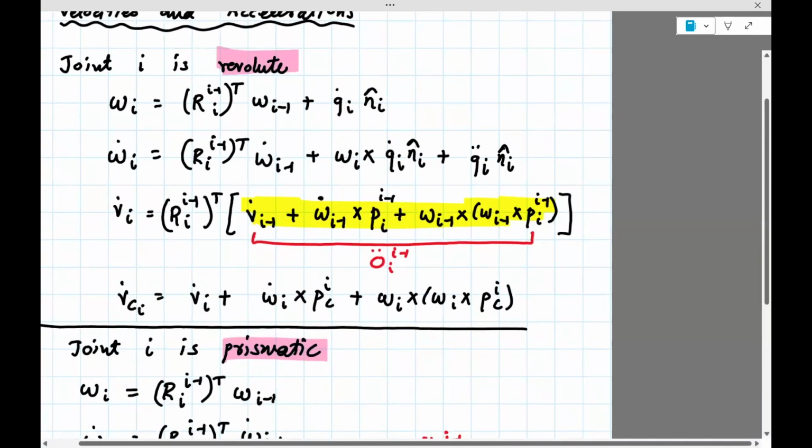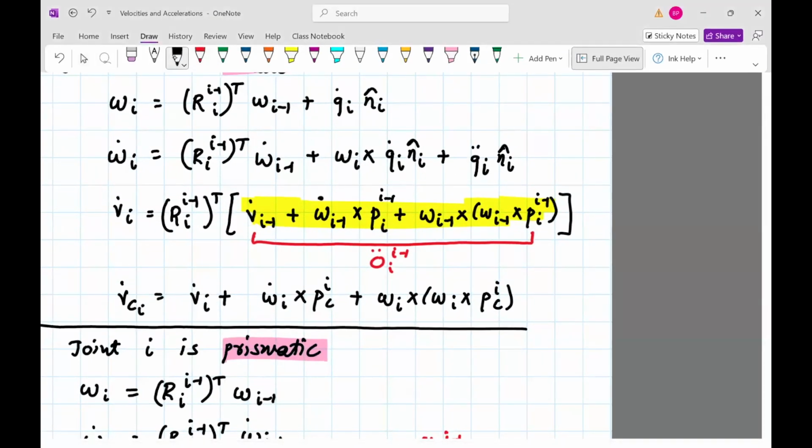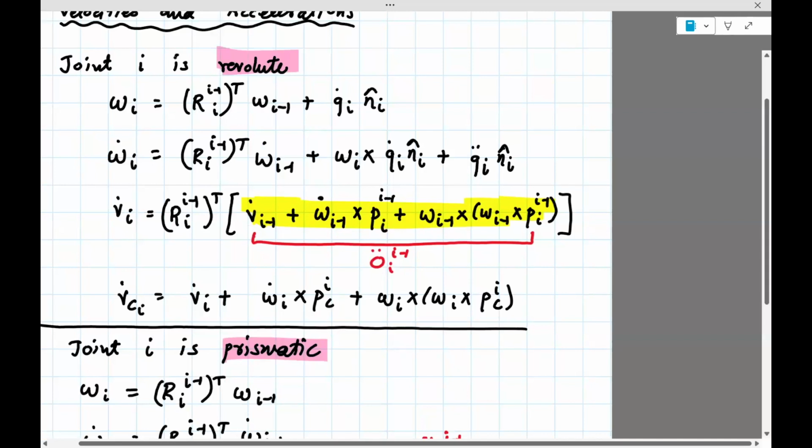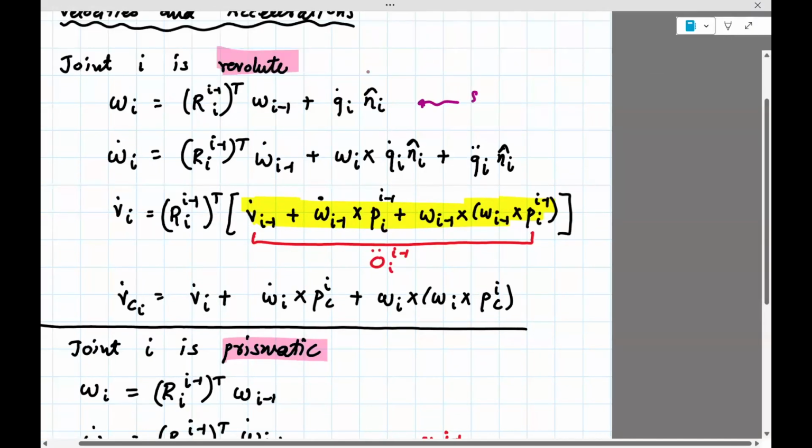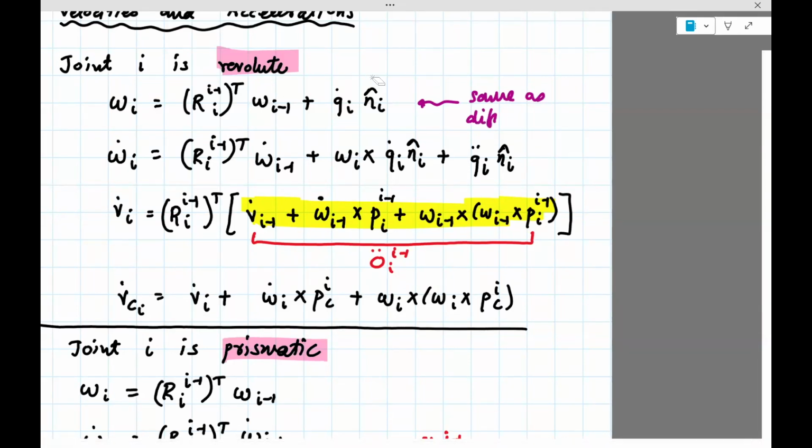Okay, so what this does is essentially the same thing we had from differential kinematics, same as diff kinematics for velocity. We had seen this formula there. This is not a new formula.